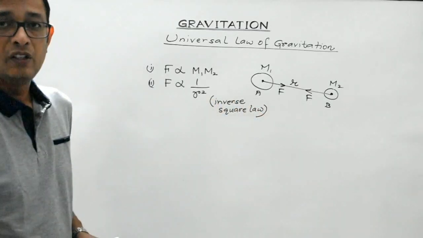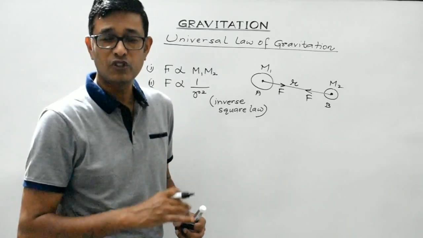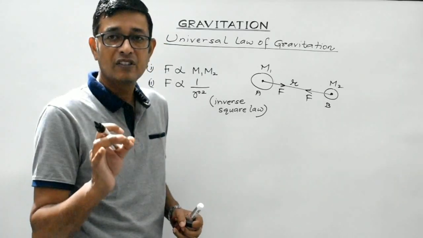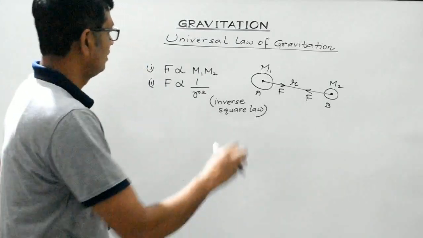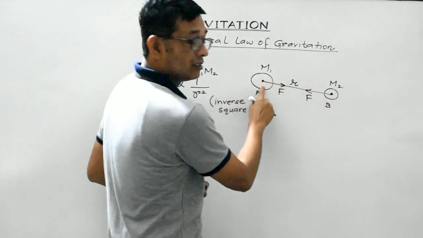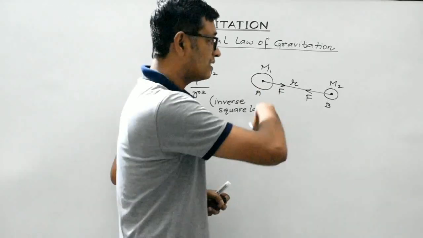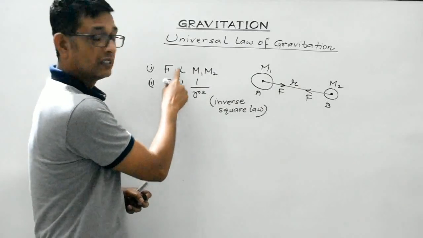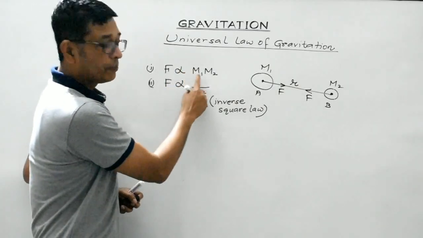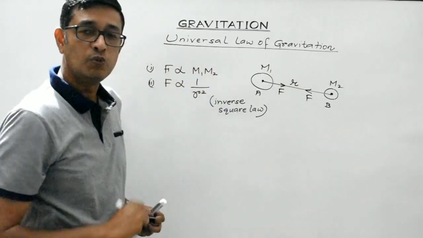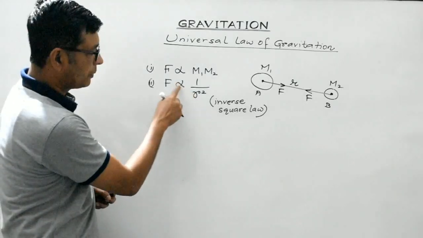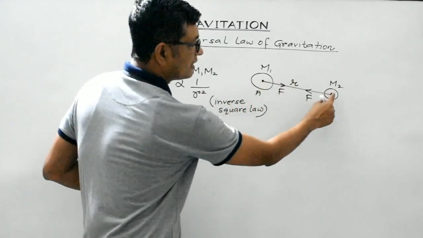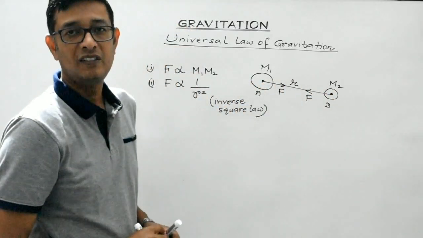Clear, students? So, I'll repeat this statement. How do you state the universal law of gravitation? The universal law of gravitation states that every body in the universe attracts every other body with a force which is directly proportional to the product of the masses of the two bodies and inversely proportional to the square of the distance between the centers of the two bodies.